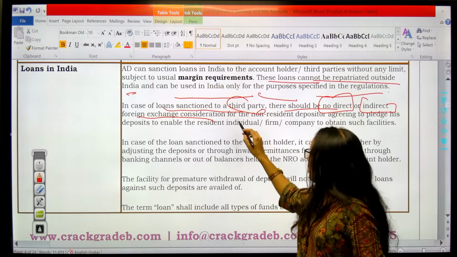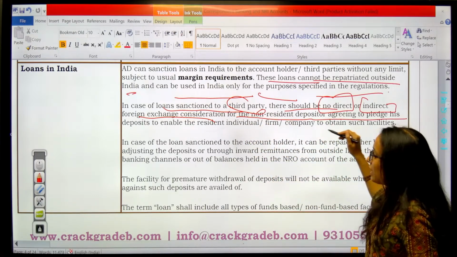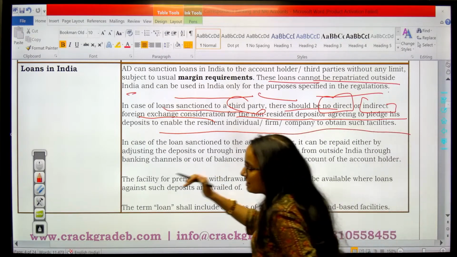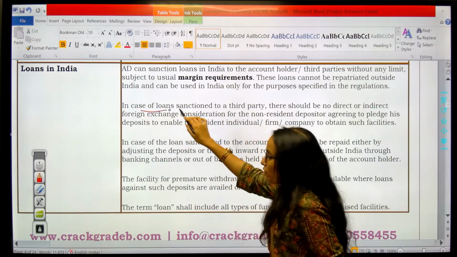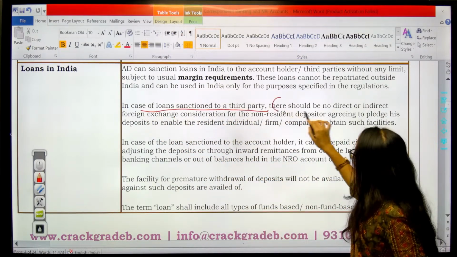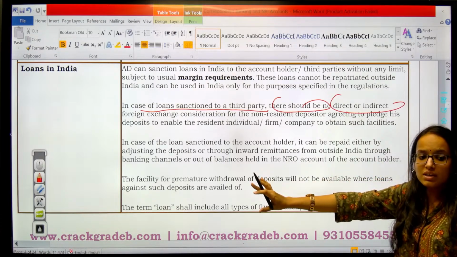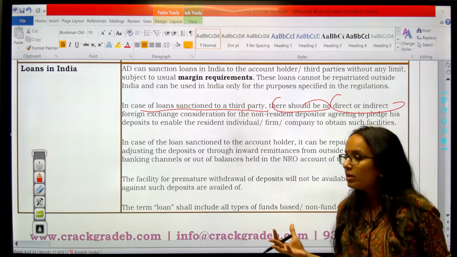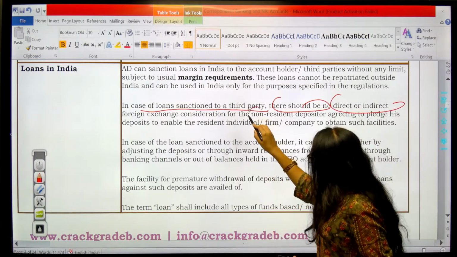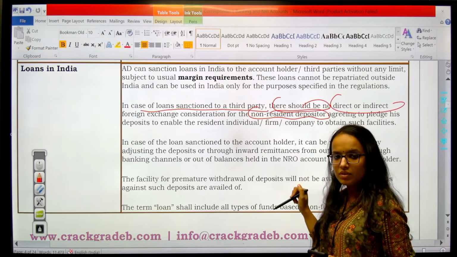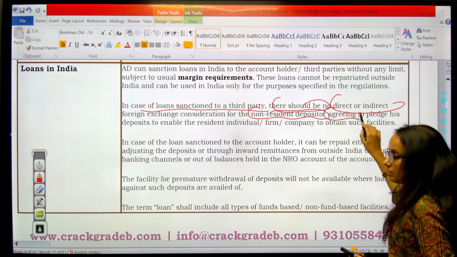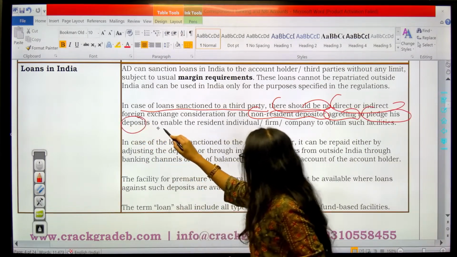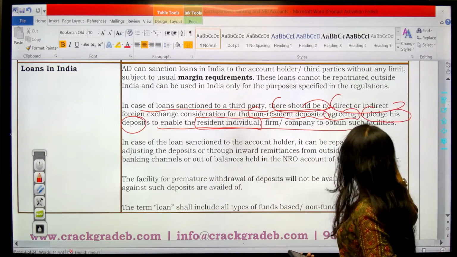Neither directly nor indirectly for the non-resident depositor agreeing to pledge his deposits to enable the resident individual or firm to obtain such facilities.